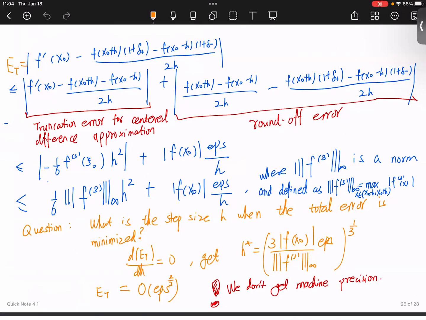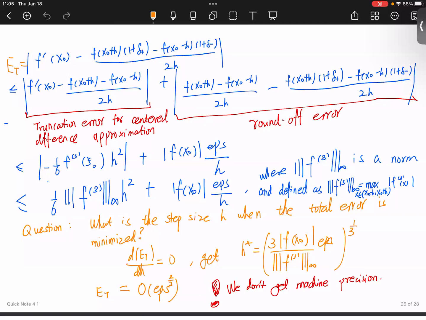One is the truncation error for using the center difference formula, and the other is the round-off error in the computer. If we want to minimize the total error, we need to do a trade-off. We cannot keep decreasing h, because if we keep decreasing h, this round-off error part would increase. So we are doing some balance between these two terms.